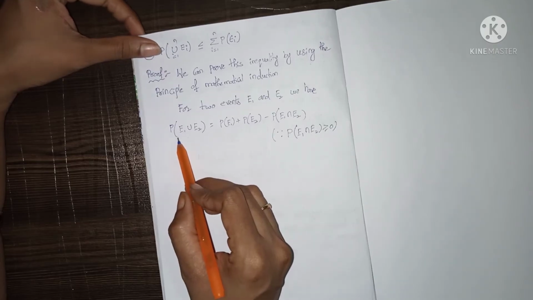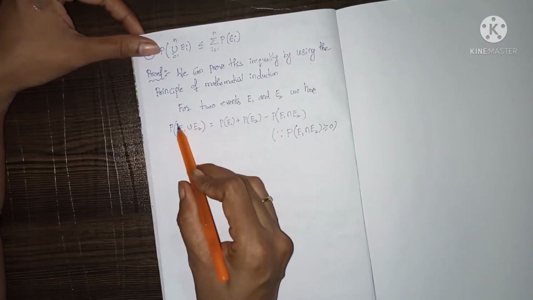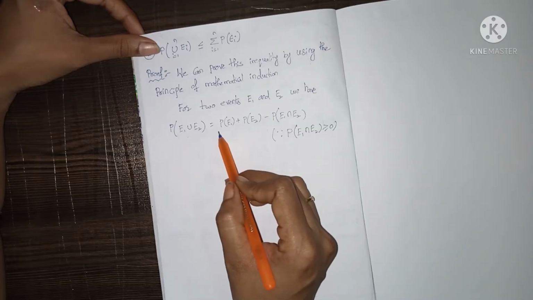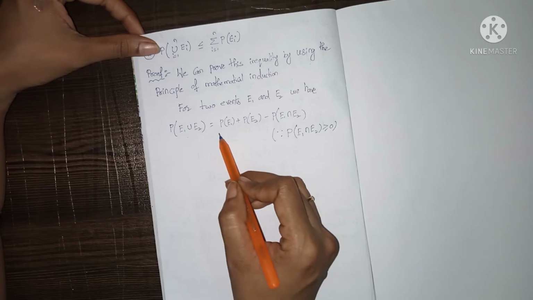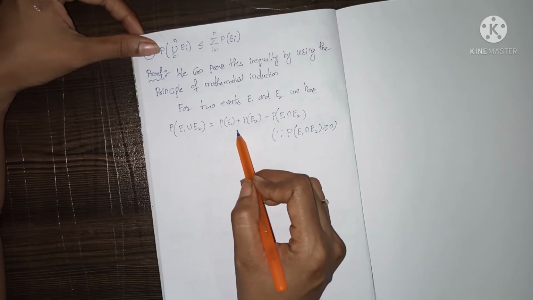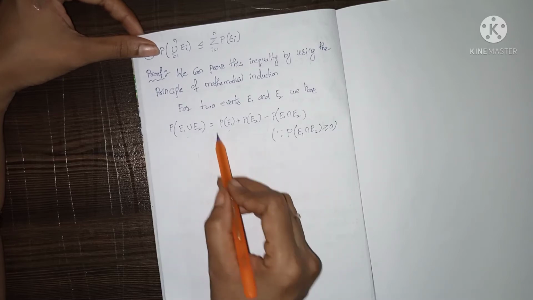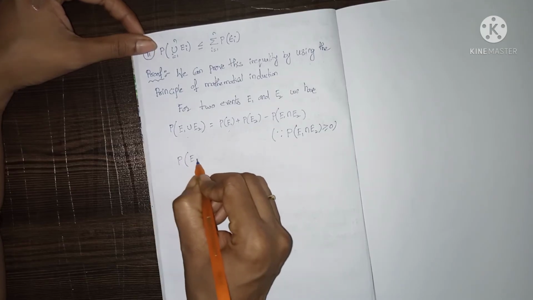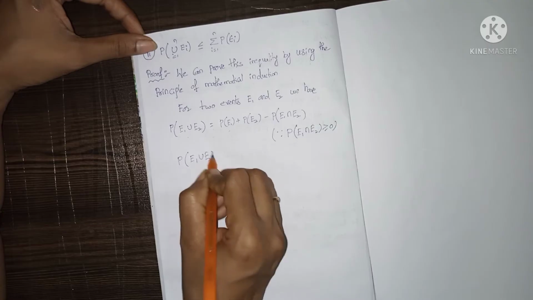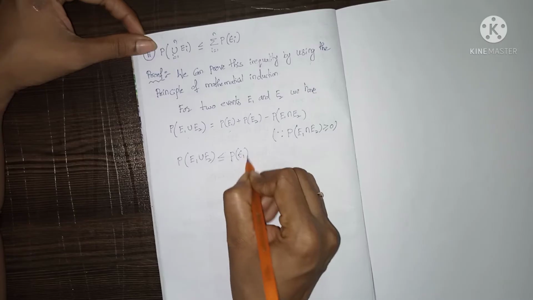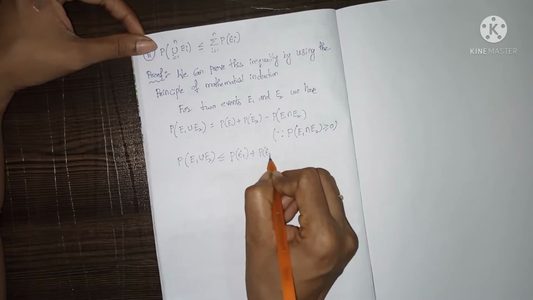And also we have to know that the probability of the union of two events is always less than or equal to the sum of the individual probabilities of the events. So that's why here we can write P of E1 union E2 is less than or equal to P of E1 plus P of E2.